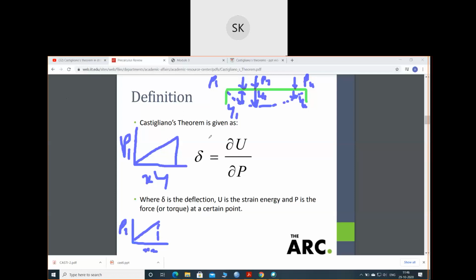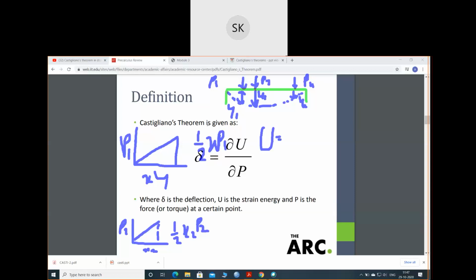So if I need to find the area of this part, it will be half base into this height, P1. Right? Again for this one, it will be half base into height. So if you sum up all these energies, this U will be your strain energy.